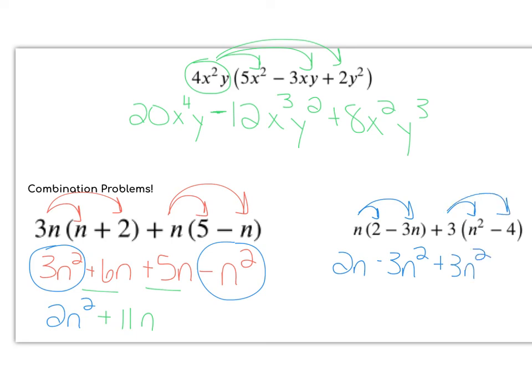And 3 times negative 4 is negative 12. I look for my like terms. The only ones I see are minus 3n squared and plus 3n squared. Well, negative 3n squared plus 3n squared is 0, right? Those cancel. The other two are not like terms, so I'm left with 2n minus 12, and I'm done.